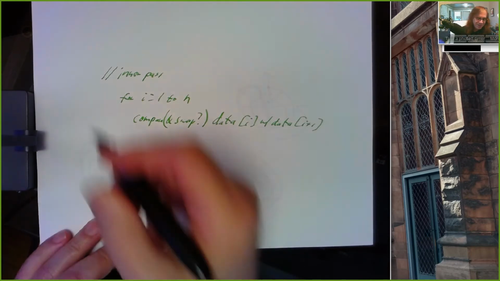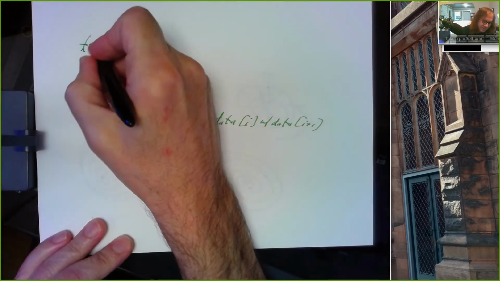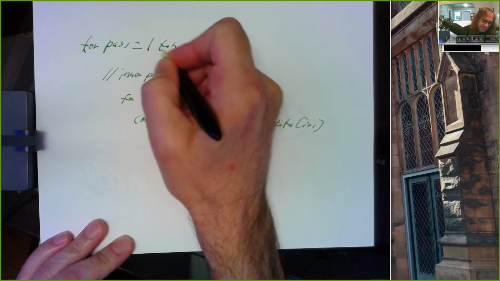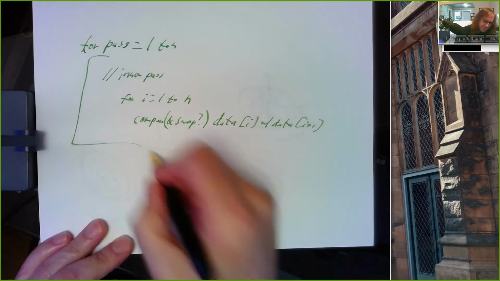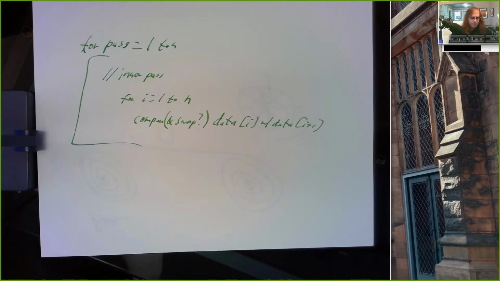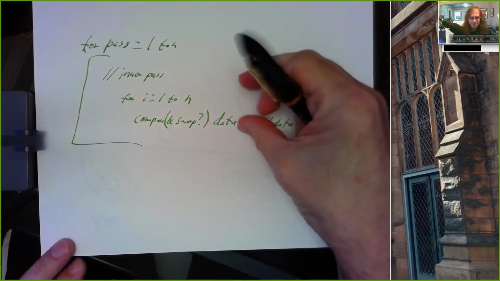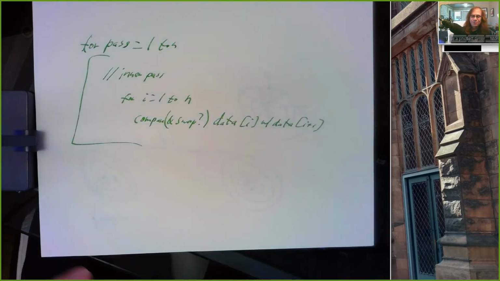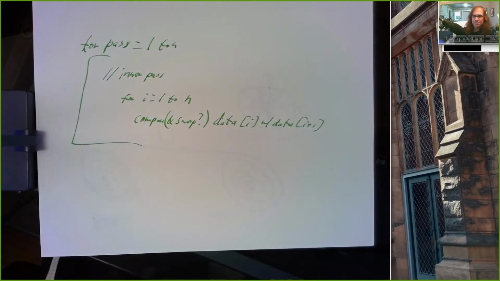Well, if we have n pieces of data, then we need to potentially do n passes. So we do this inner step n times, and after that we're guaranteed our whole set of data is in the correct order.